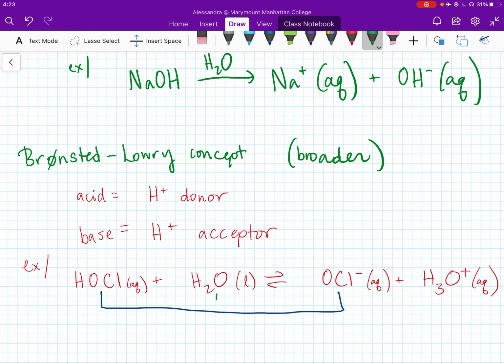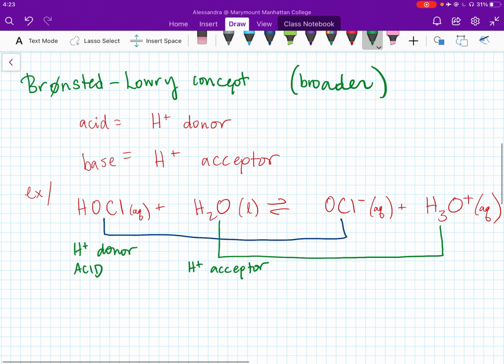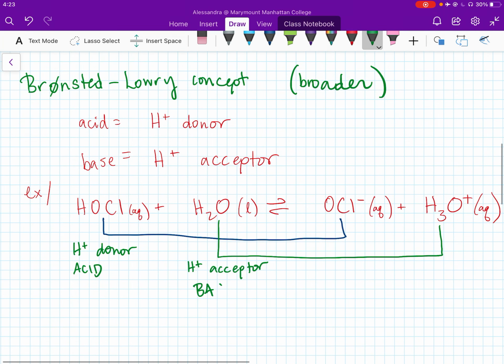H2O gains a proton, or accepts a proton, to become H3O plus. So looking at HOCl, it is donating its proton to water. That makes the HOCl the proton donor. Water functions as the proton acceptor. So the proton donor is the acid, and the proton acceptor is the base in the Bronsted-Lowry definition.